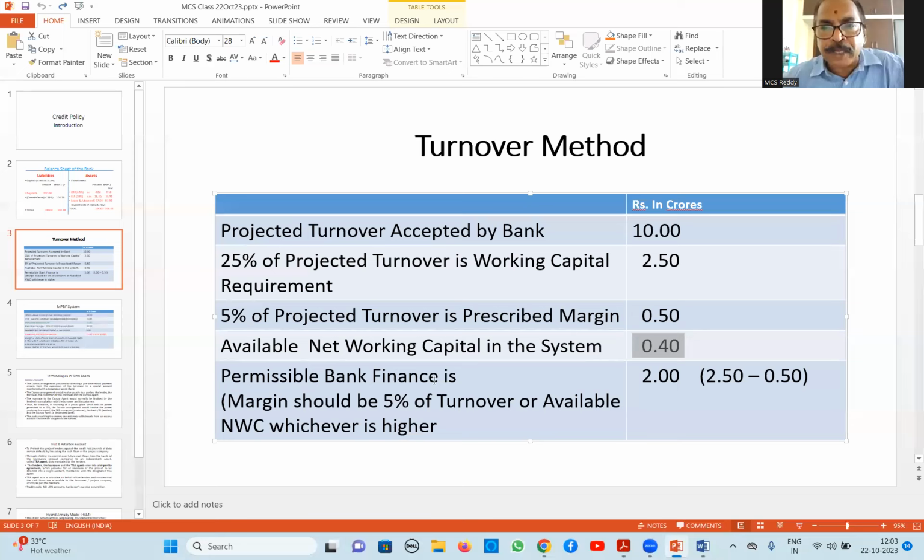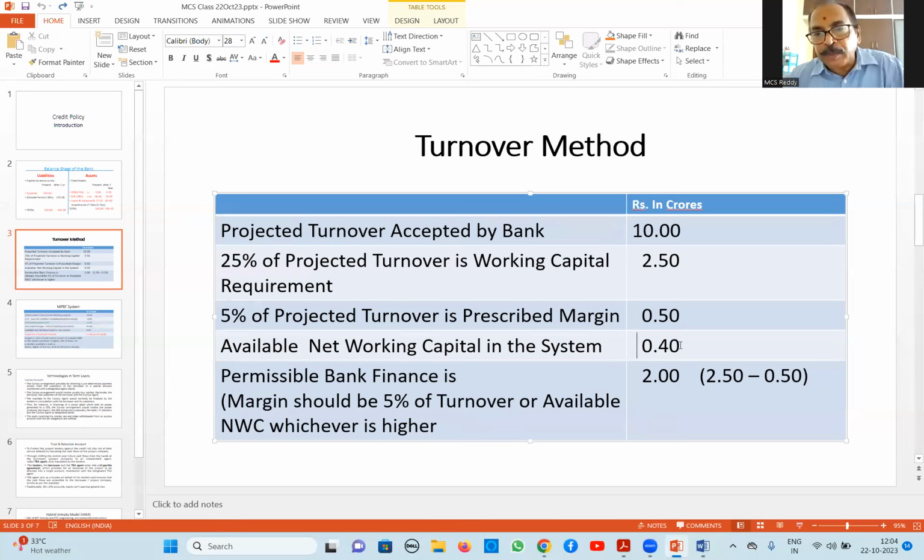So what is your permissible bank finance? 2.5 is the requirement. The party is bringing 0.5, then 2. So this is called 20% of projected turnover as the required bank finance. 5% of projected turnover or available net working capital in the system, whichever is higher, is the margin.